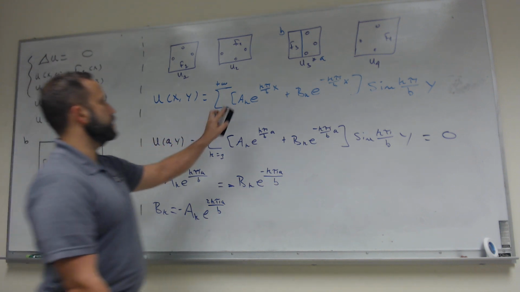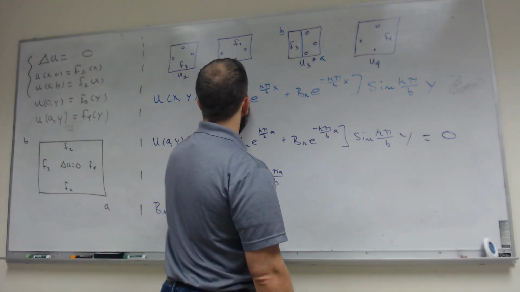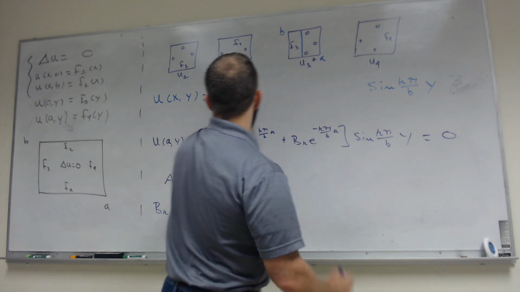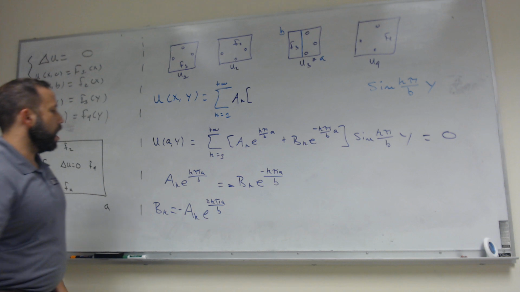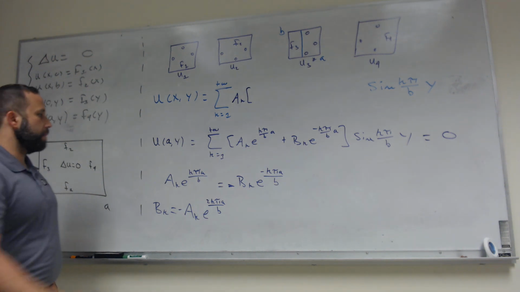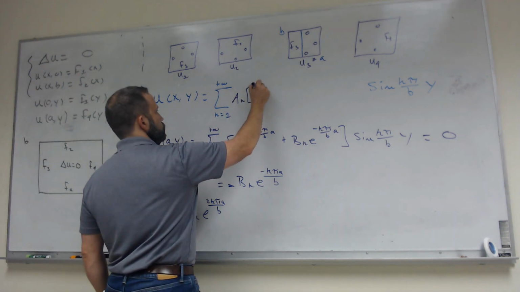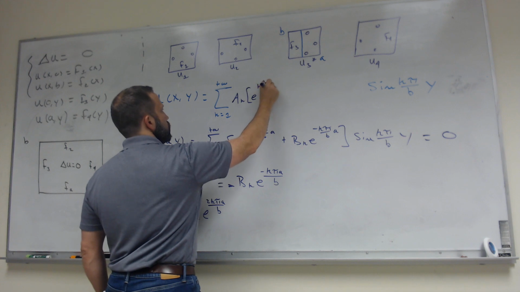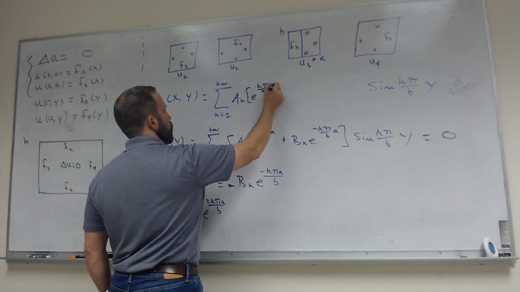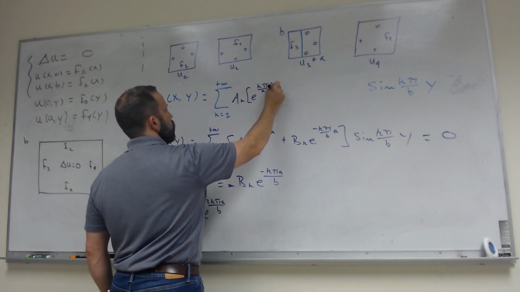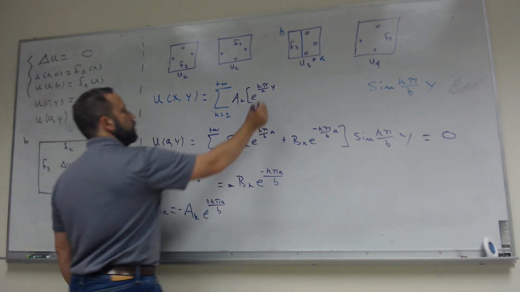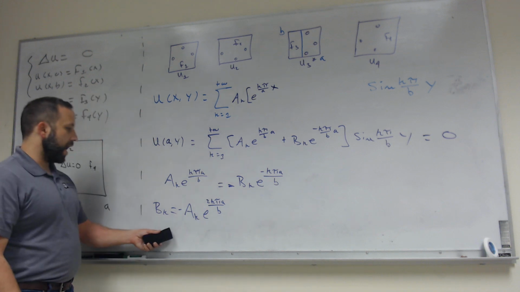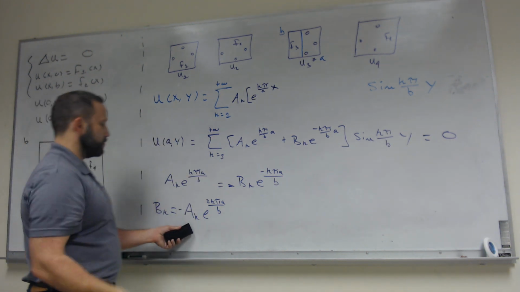And let me come up here and make these replacements. So I'm going to have a k, okay, so now what am I going to get? I'm going to have e to the k pi over b x. And then now my b k, I have an a k, so I'm going to factor this out.